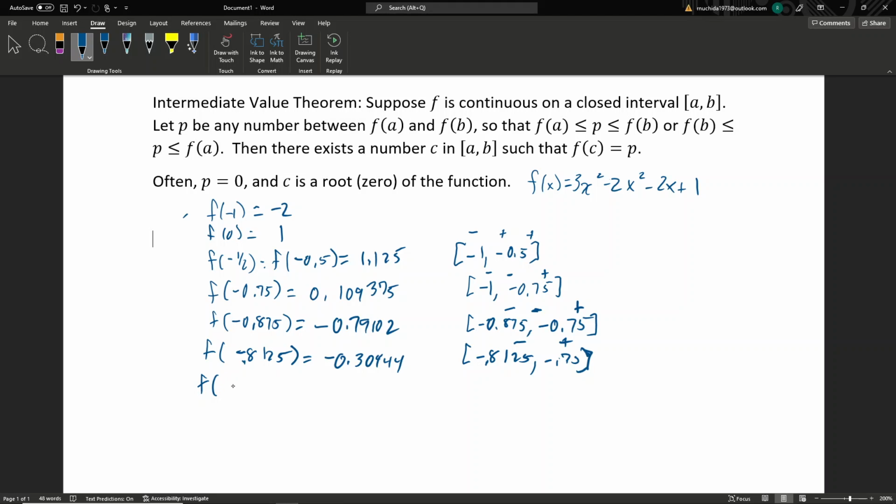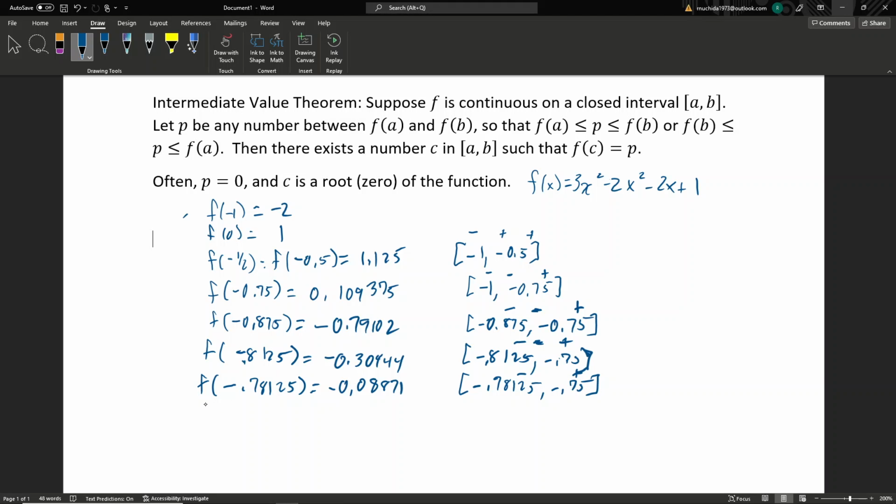So let's see, negative 0.78125. Plug that into the function, I get negative 0.08871. So it's negative. So now we must be between negative 0.78125 and negative 0.75.